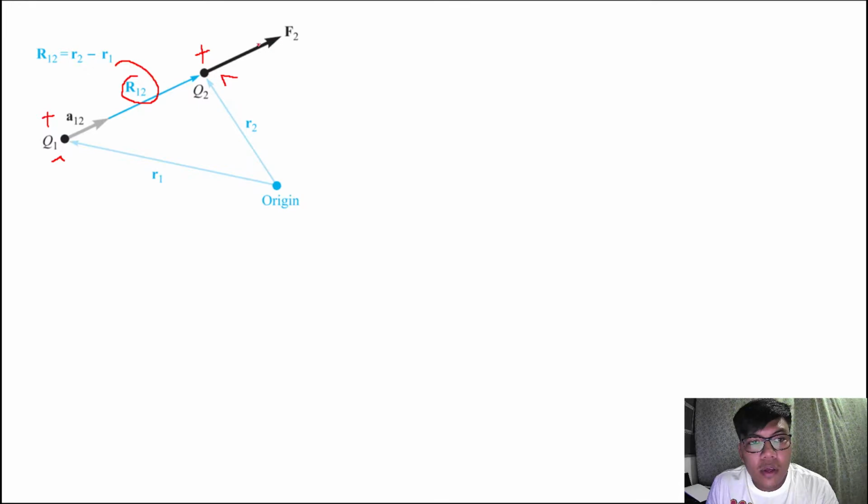Ngayon, anong direction ng force na hinahanap natin? If the force is acted by Q1 to Q2, from 1 to 2 ang direction ng force mo. Pupunta roon, di ba? Ngayon, i-consider natin yung sign ng dalawa.